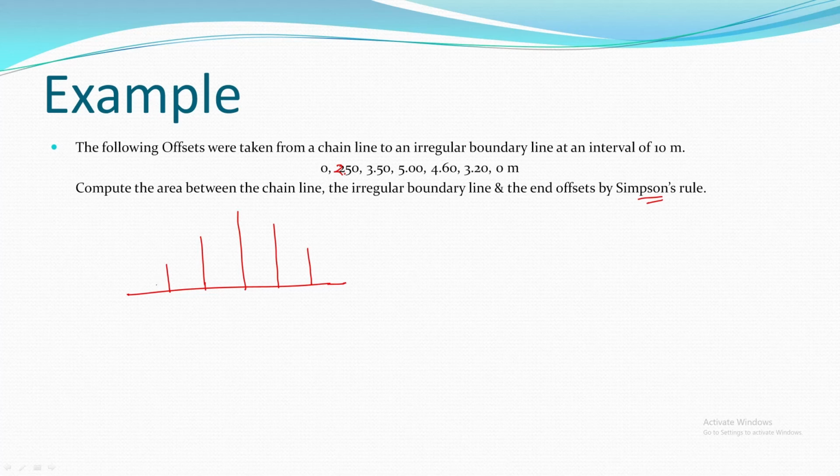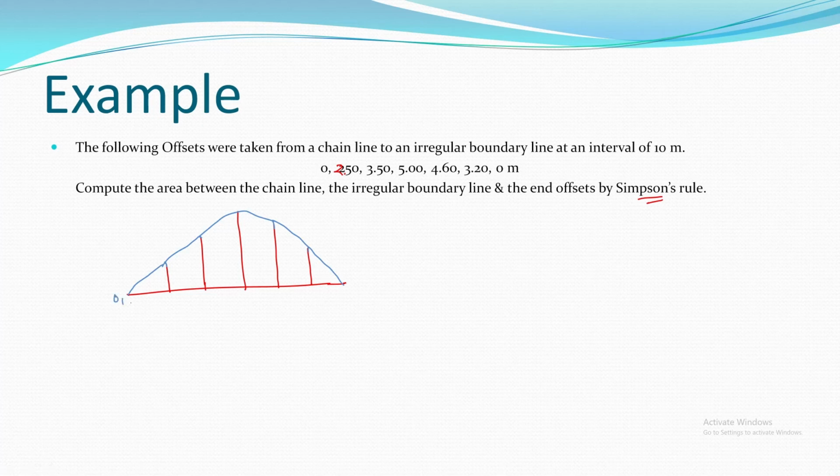As we already know, the boundaries are considered to be an arc of a parabola, right? So, consider there is some arc. The boundaries are not considered to be a straight line here; they are considered to be an arc of a parabola.